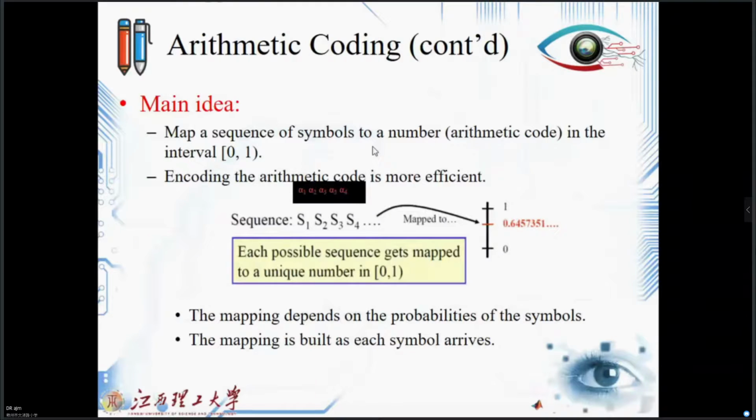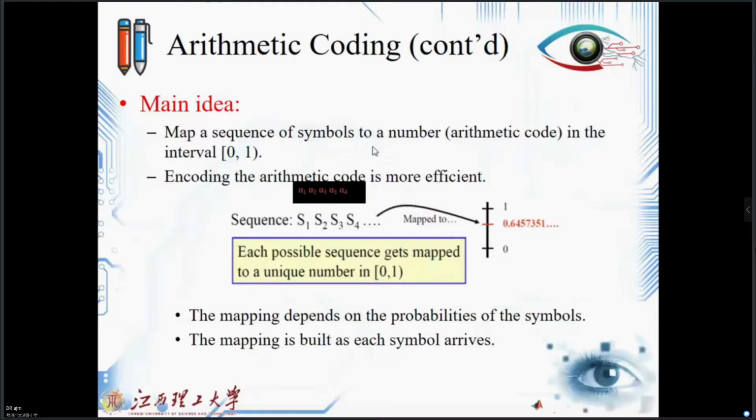Each possible sequence gets mapped to some unique number in the domain of 0 to 1, but not exactly 1, very near to 1, as you can see. In this method, the mapping depends on the probabilities of the symbols, and the mapping is built as each symbol arrives.